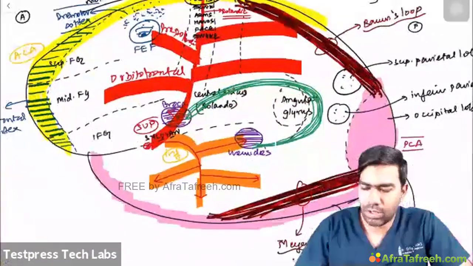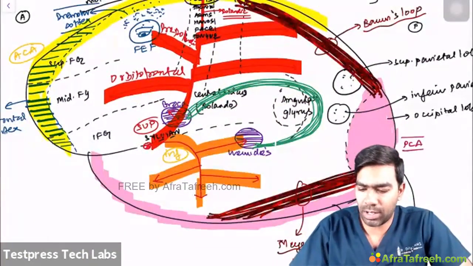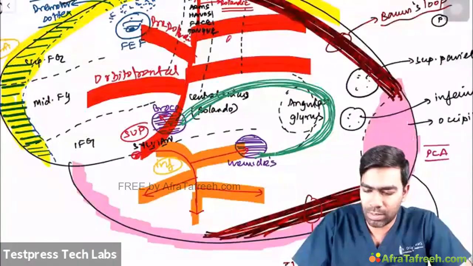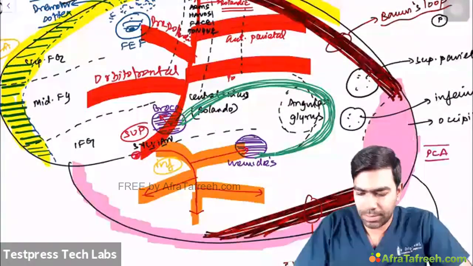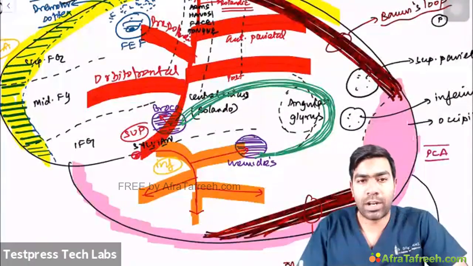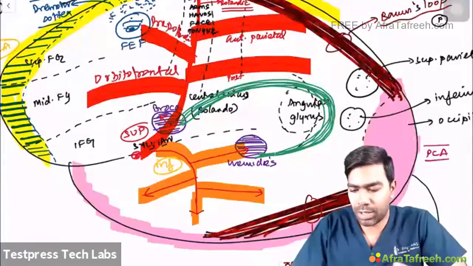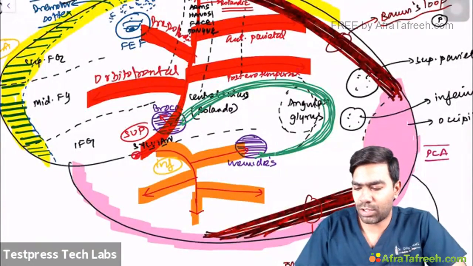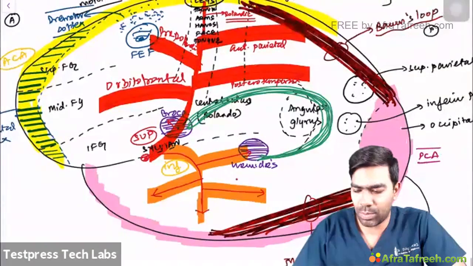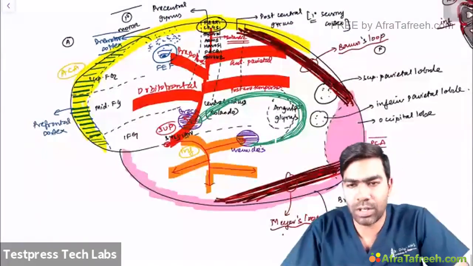And then we also have the anterior parietal branch and posterior parieto-temporal branch. This is the anterior parietal. And we have one more branch called posterior temporoparietal, or you can call it the posterior parieto-temporal branch. Even though it's not exactly located in the anatomical sense, still this will give you an idea. So what are the branches?